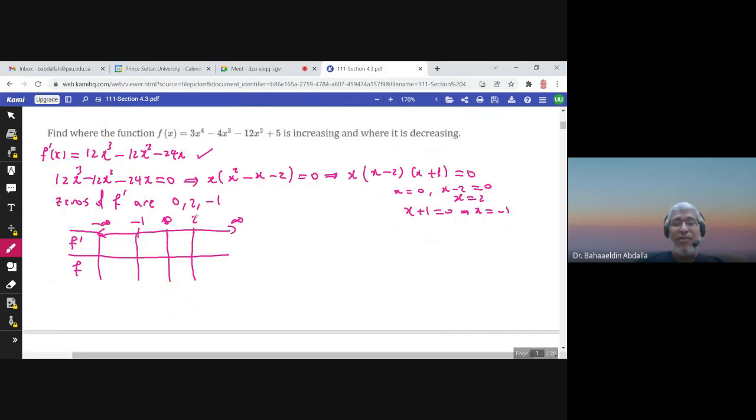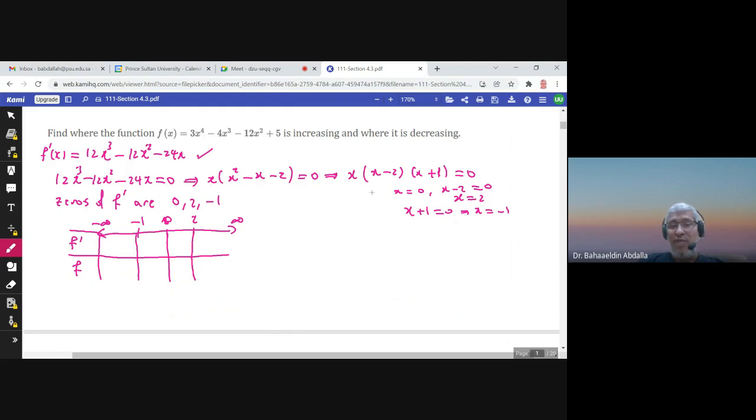So for example, if I select a number greater than 2, 3 for example, so either you put 3 here, you replace x with 3, 12 times 3 to the power 3 minus 12 times 9 minus 24 times 3 and find the sign, or I have an easy way. Look carefully. Actually, when I put it equal to 0, I divide by 12. Dividing by 12 will not change the sign of f prime.